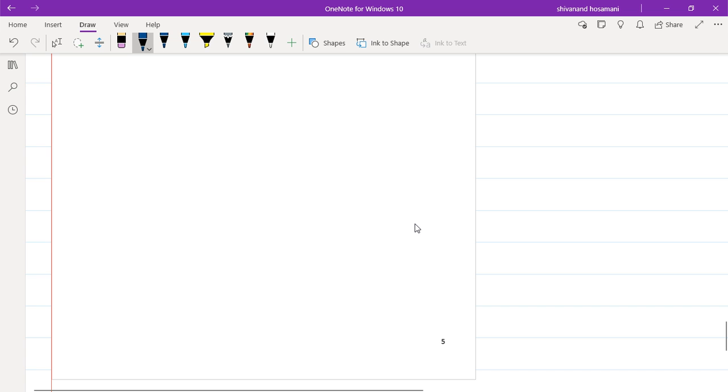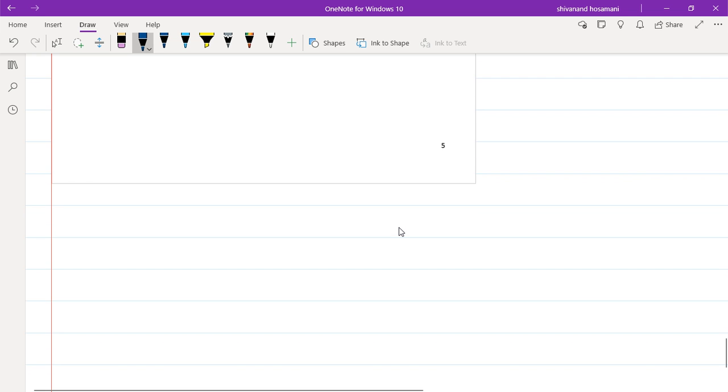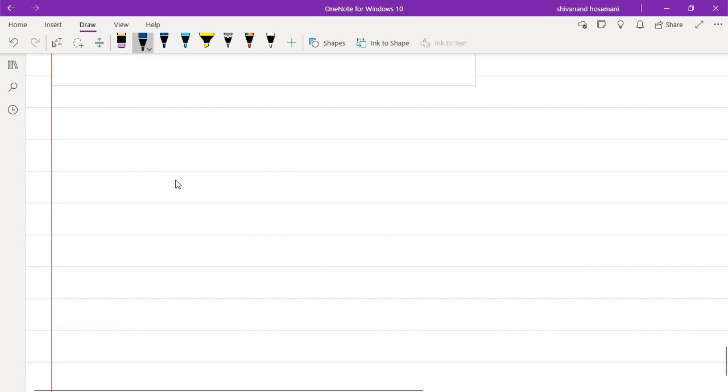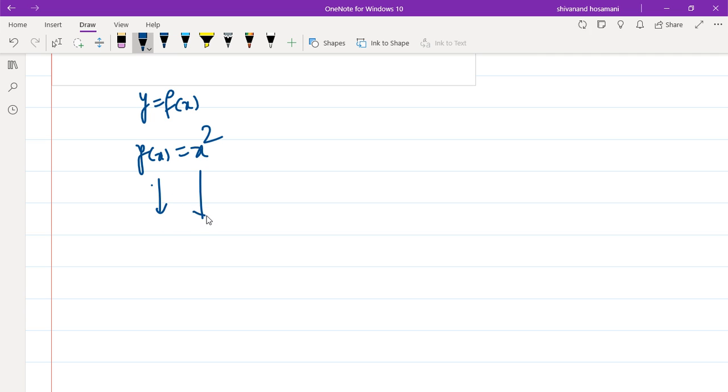See, what we have been doing is nothing but we have a function y is equal to f of x. Given a function explicitly, suppose f of x is x square, then for all x we will have an output, that is x square.